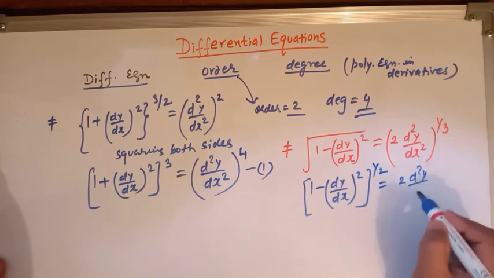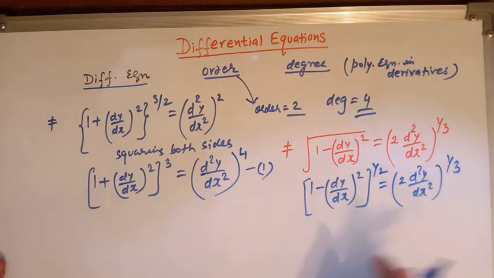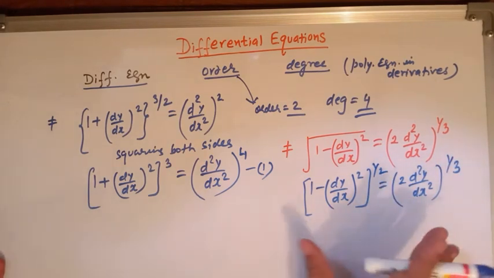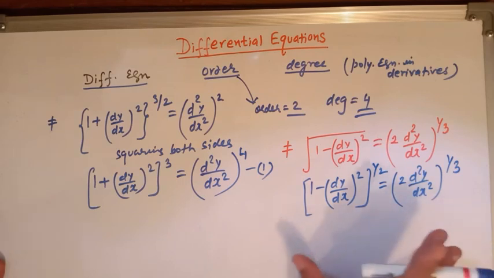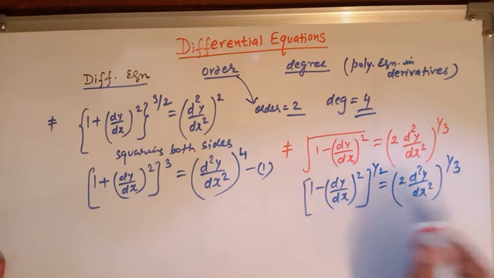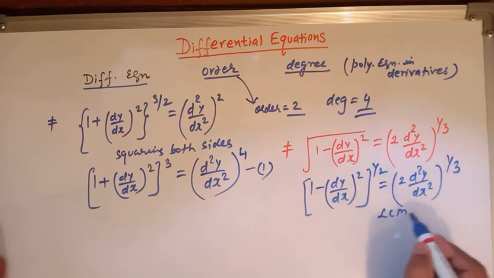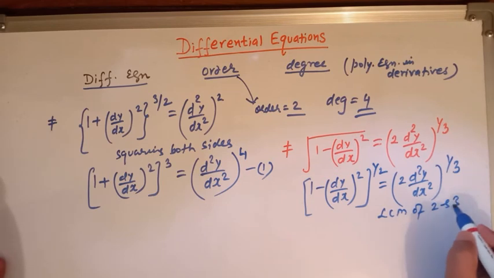Clear? Okay. Now our first aim is to remove or make free this equation from the radical signs. Clear? So we'll take the LCM of 2 and 3, and LCM of 2 and 3 is 6.